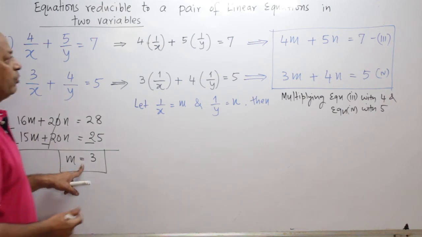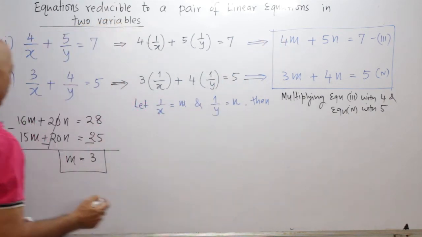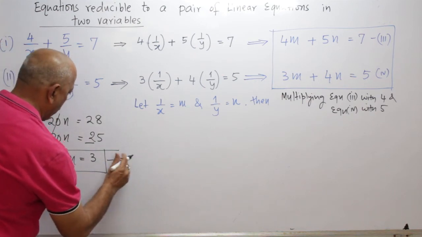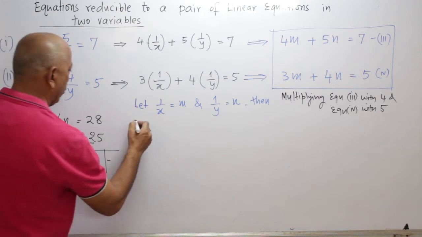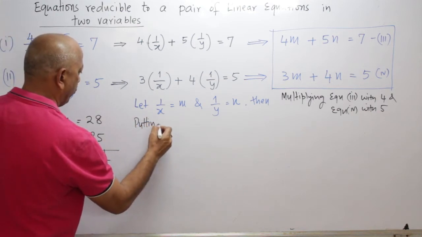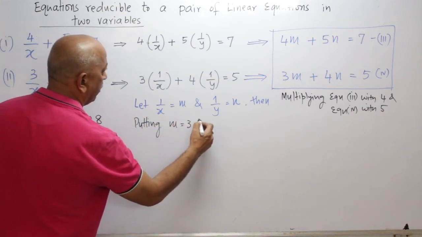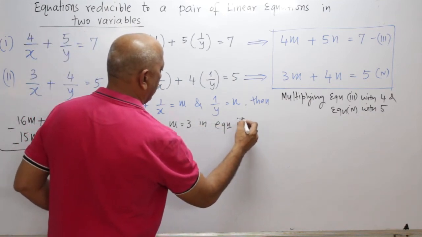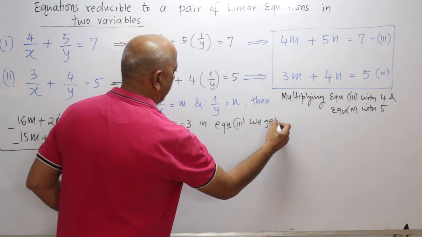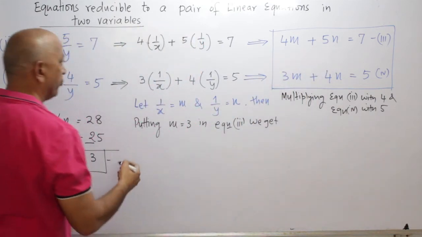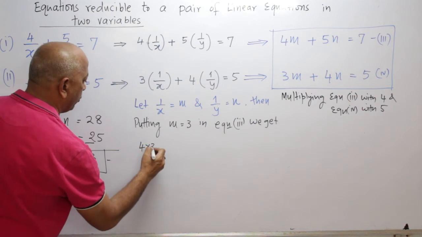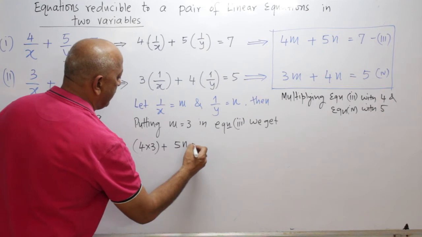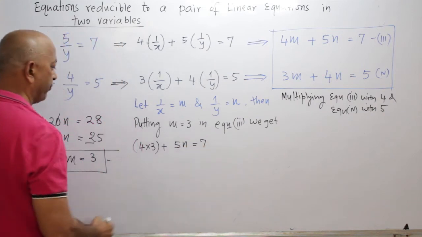I can put m is equal to 3 in any of these. So putting m is equal to 3 in equation 3, we get 4 into 3 plus 5n is equal to 7.